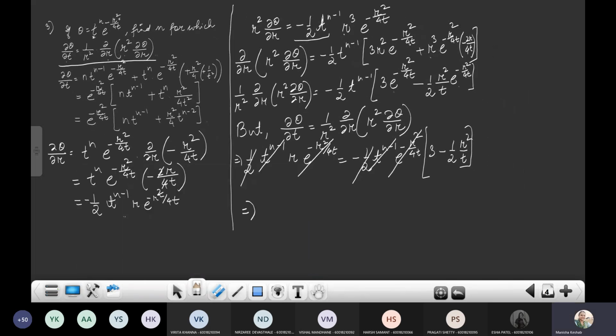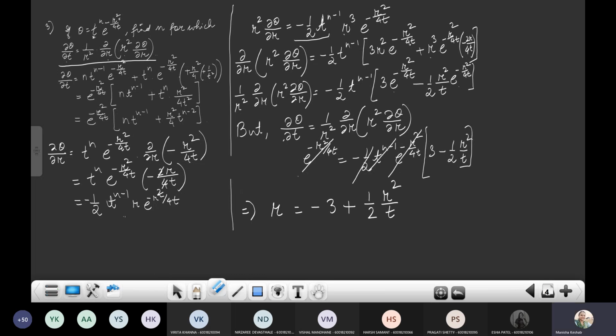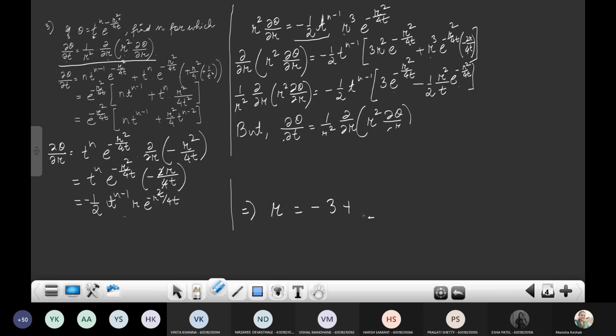So this implies we have r is equal to minus 3 plus half into r square by t. What happened to n here? Sorry, this I wrote different one. Sorry.